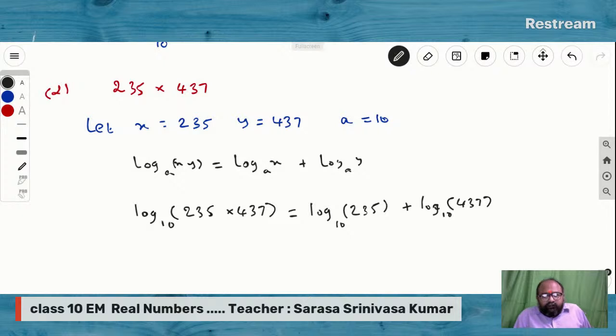So hence we have written the given problem as the sum of logarithms. So log of xy to the base a equal to log x to the base a plus log y to the base a. So this is an important result. Now we solve the third problem.